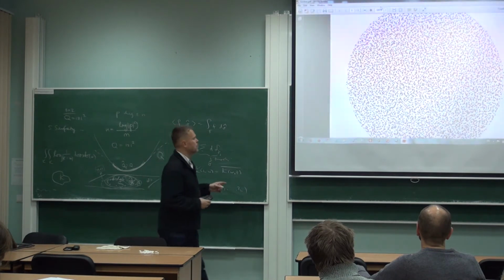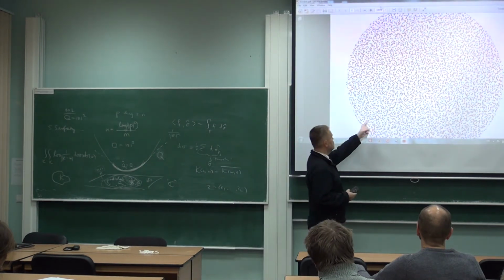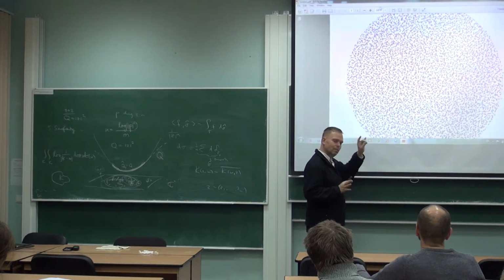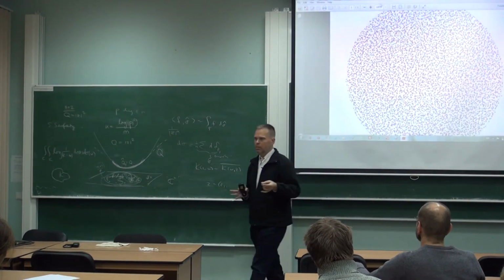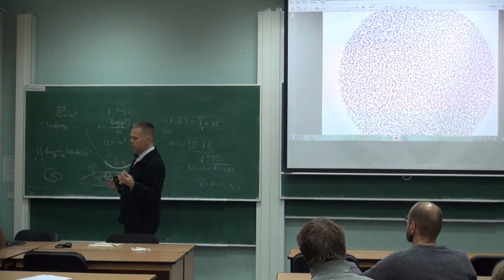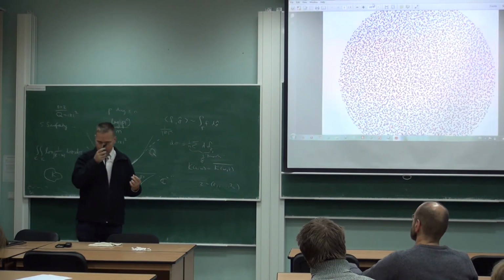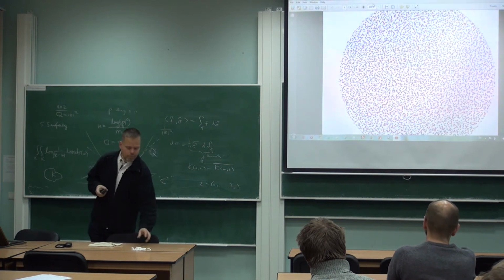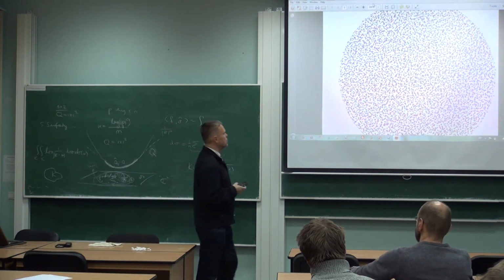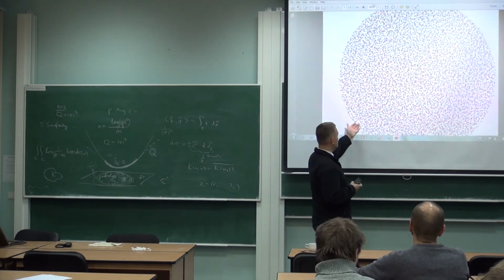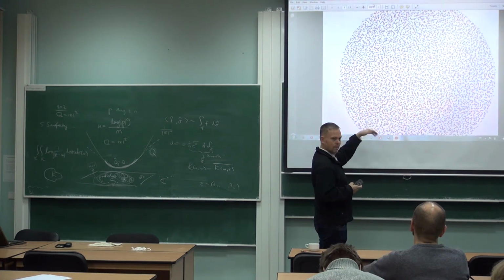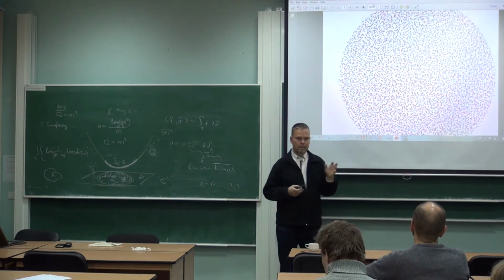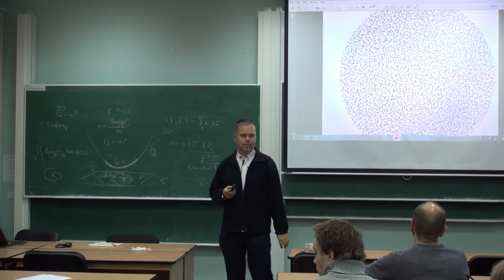But you also see a finer structure. If you look more carefully, you see that there is a little bit of repulsion between the points. They don't want to aggregate too closely. On the other hand, it's not so rigid. You see that it's not really crystal-like. There is some liquidity here.